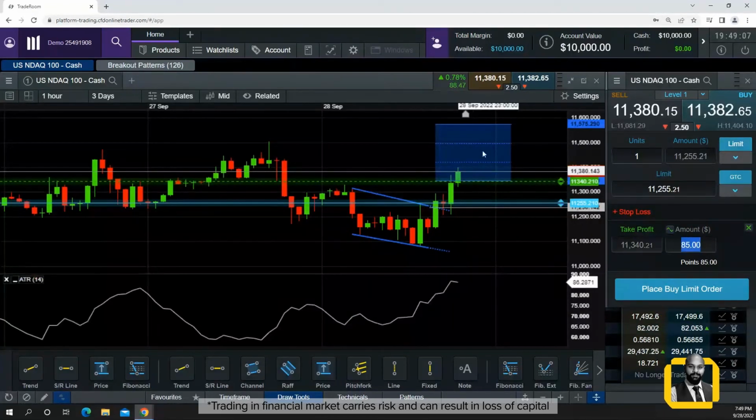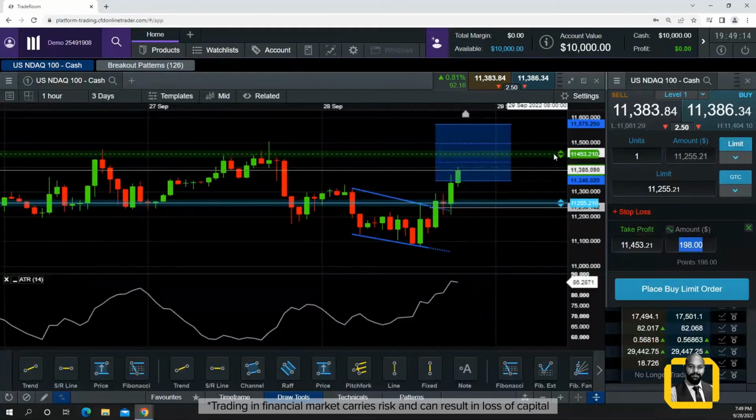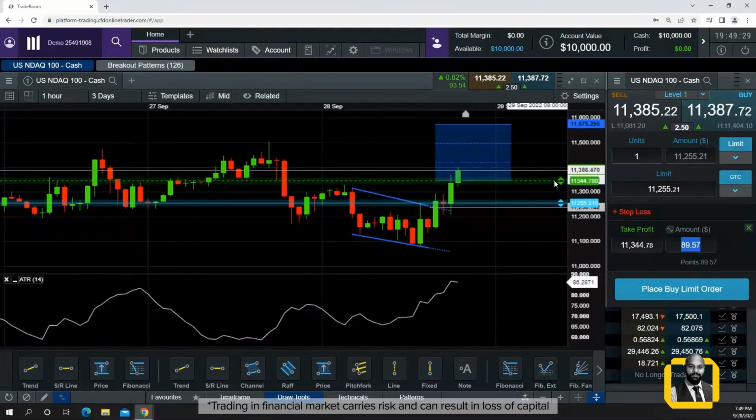If you look at the blue line, your first target is your ATR. Now your second target is usually double your ATR, which is about $180 to $190. The third will be pretty much 3 times or 4 times your ATR. Now let's say on average 1 hour moves only $80.